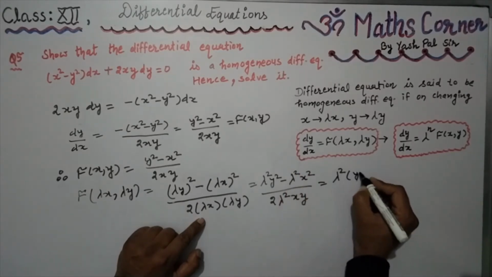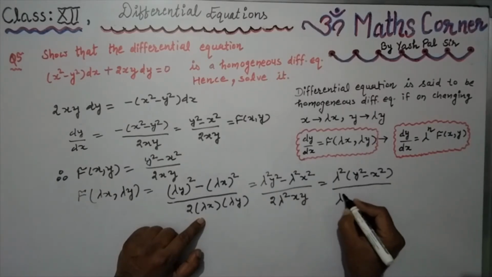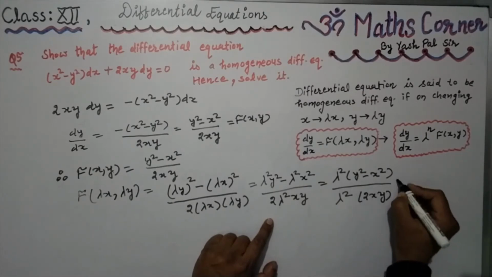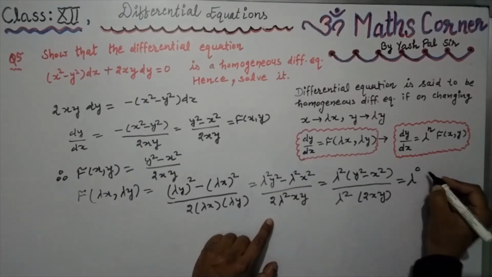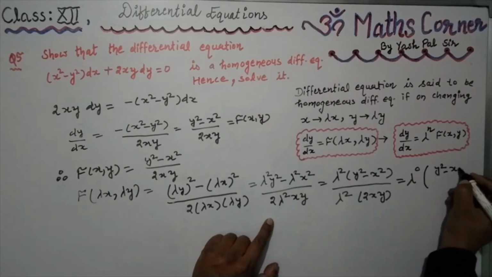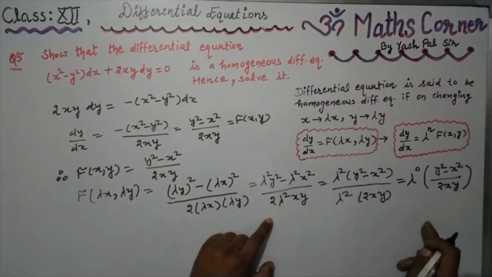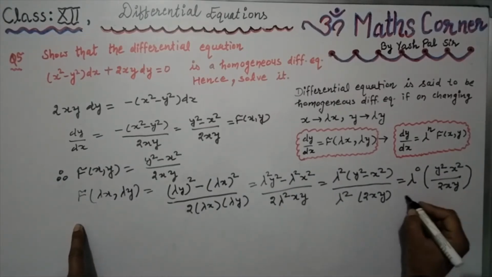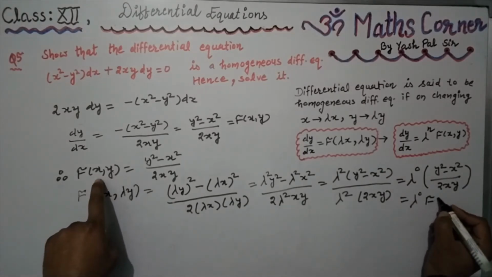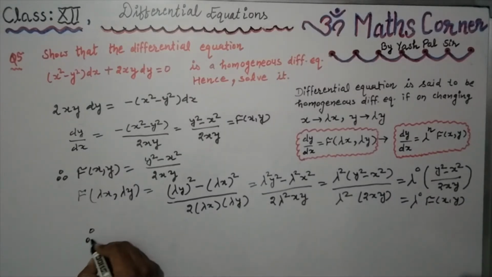Taking λ² common in the numerator, (y² − x²), and in the denominator also taking λ² common, 2xy. So this becomes λ⁰ times (y² − x²)/2xy, which is equal to λ⁰ times f(x, y).